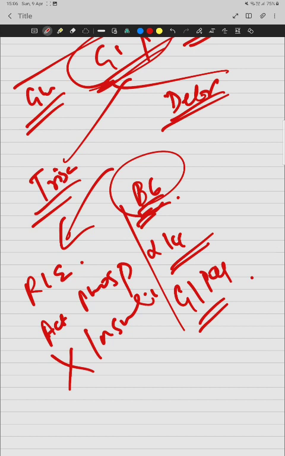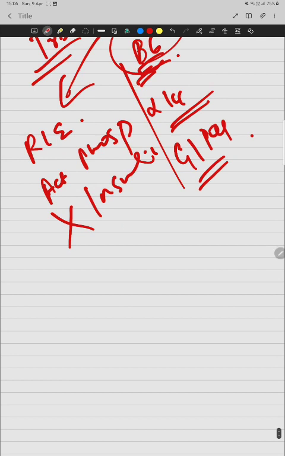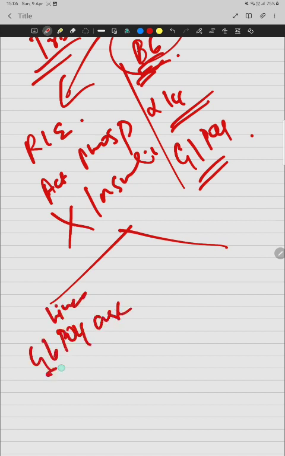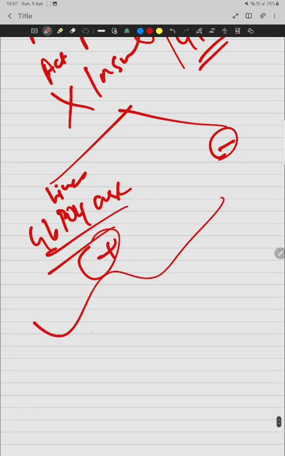Okay, so next, what is the difference between glucose 6 phosphatase in liver and skeletal muscle? In your liver, glucose 6 phosphatase is present, but in muscle it is not present. That's all you should be knowing. And what is the final end point?